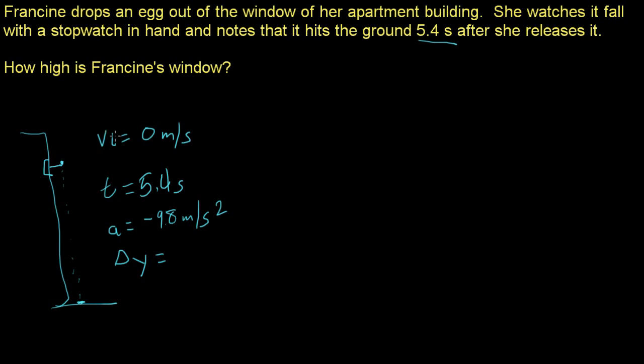The value that we neither have nor are looking for is vf, so that's our missing value. If you're having trouble finding the right equation, it's the one without vf, which is delta y equals vi t plus 1/2 a t squared. And that's convenient because we don't even have to rearrange this.